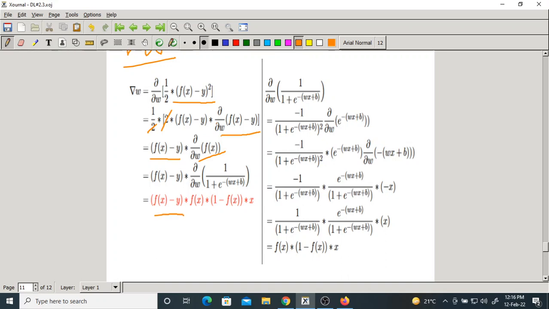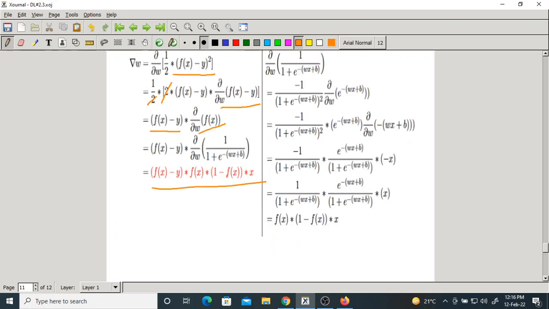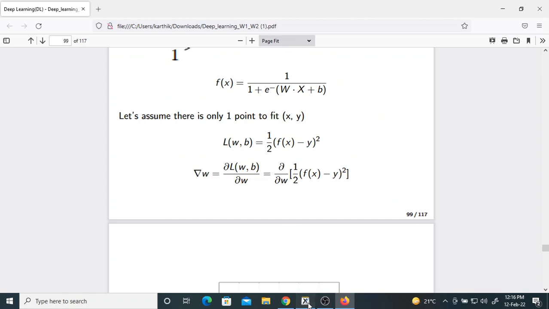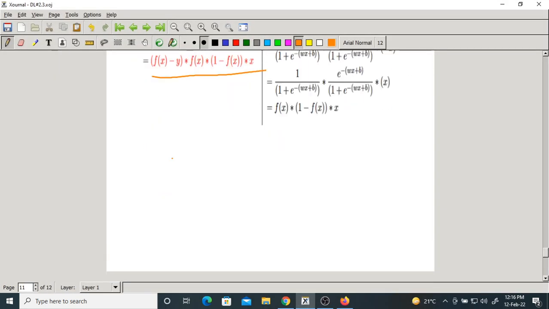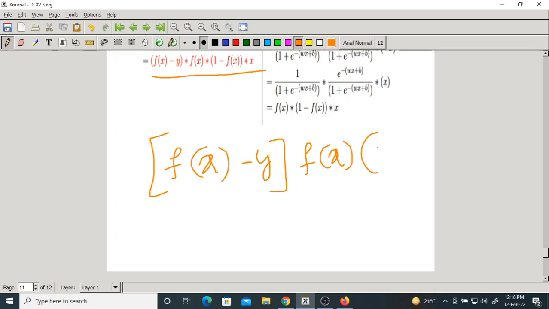So after doing all these things, this is the final partial derivative of the loss function with respect to w: f of x minus y, into f of x, into 1 minus f of x, into x.